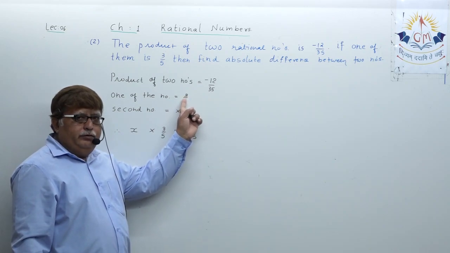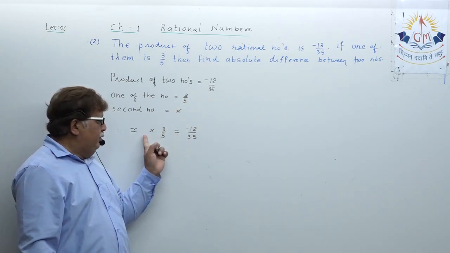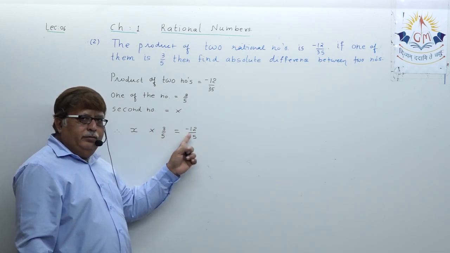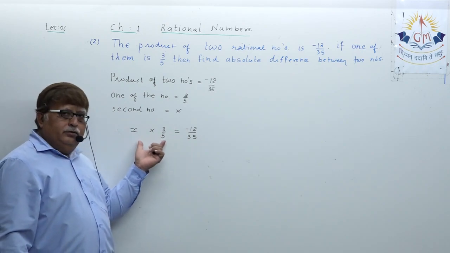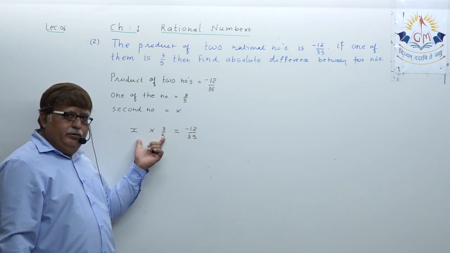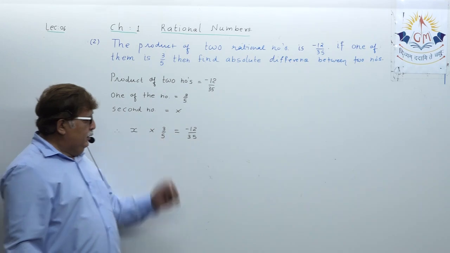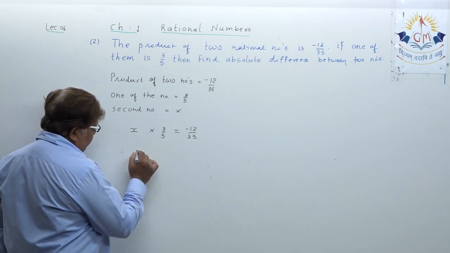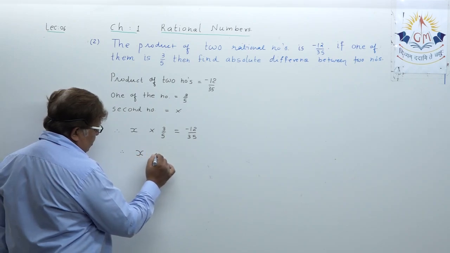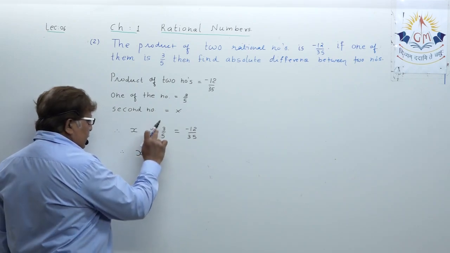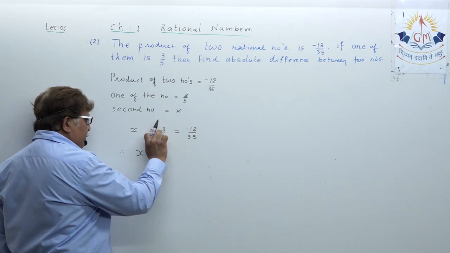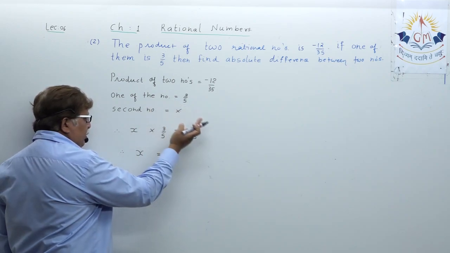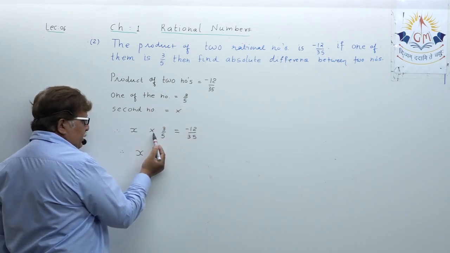Product of these two rational numbers is minus 12 upon 35. So we took these two rational numbers. What could be the next step? You must know conceptually, if I transfer this rational number to that side, here it is in multiplication.